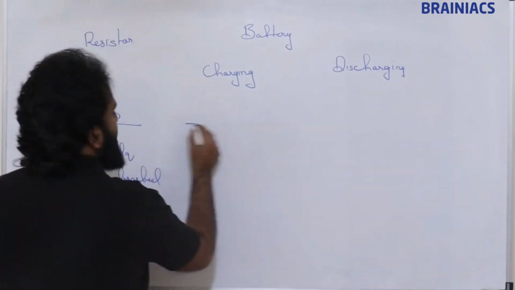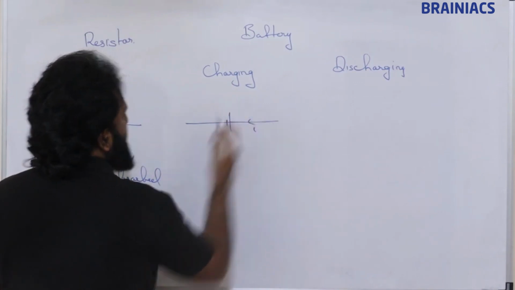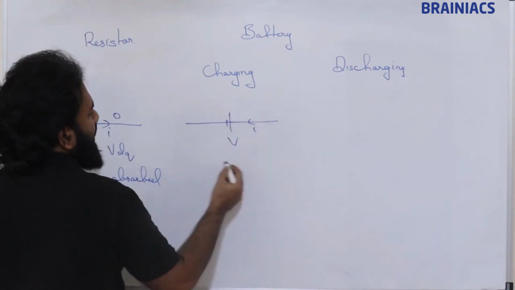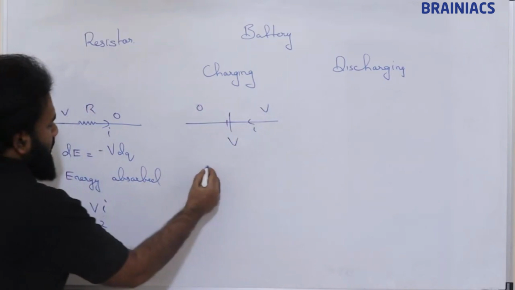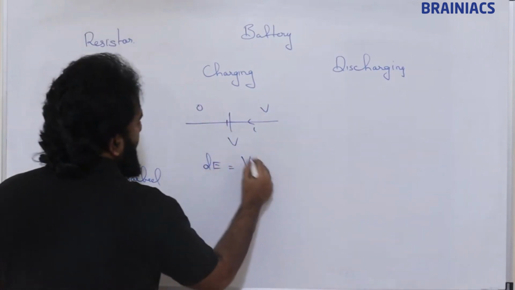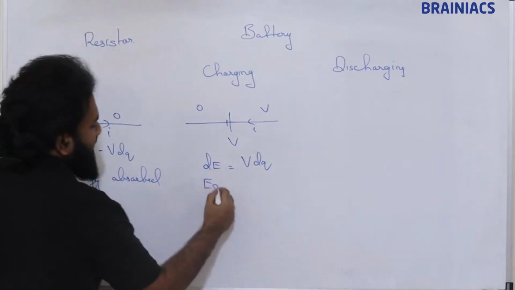In the case of the battery, if it is charging, I is coming, this is V and this is 0. So again dE is equal to V dq. Energy is released.